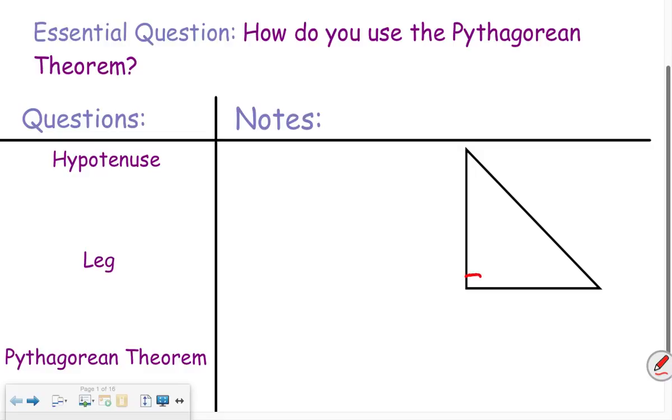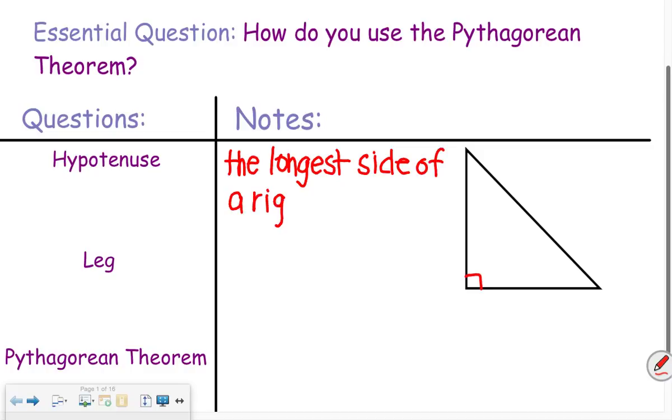The hypotenuse is always the longest side of the triangle, or right triangle in particular.